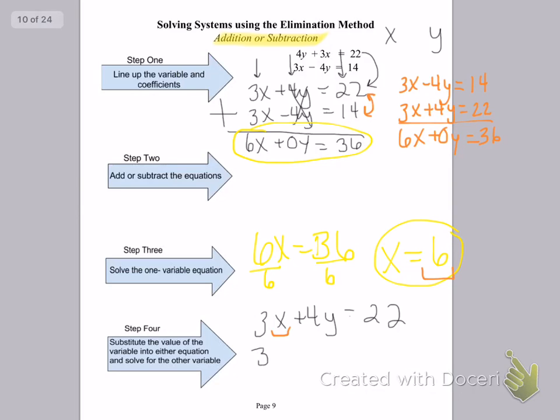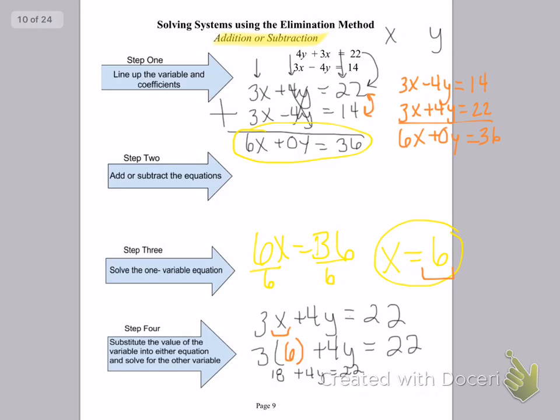So we've got 3 times 6 plus 4y equals 22. And as you see, we have that one variable that we can solve for. So 3 times 6 gives you 18. So 18 plus 4y equals 22.